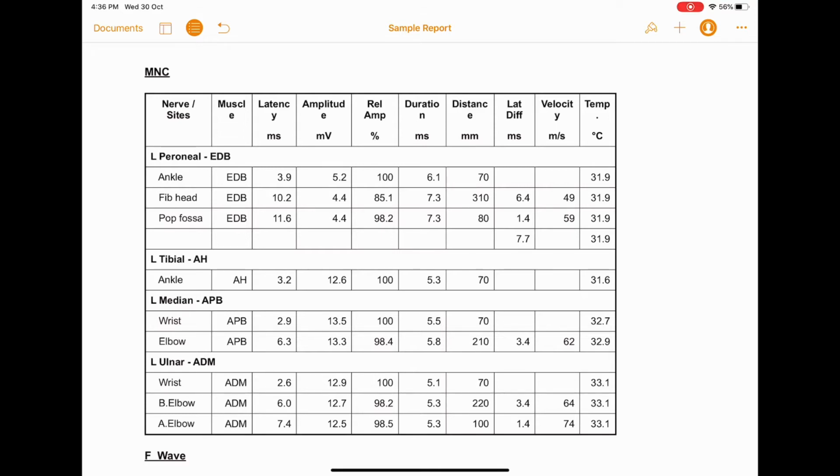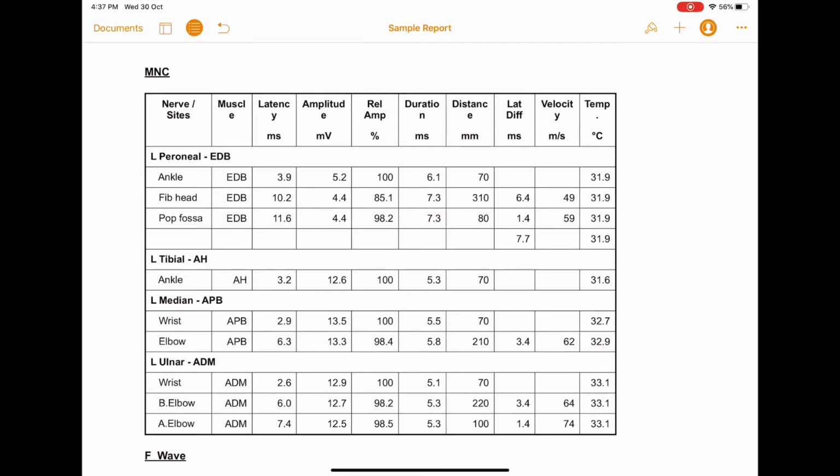So there is time that also comes from conduction in the neuromuscular junction and the muscle. We don't want to falsely elevate the time component of checking the velocity and reduce the velocities. That's why in motor nerves we usually stimulate at a distal site and a proximal site, and depending on the nerve we may need to do more than two sites.